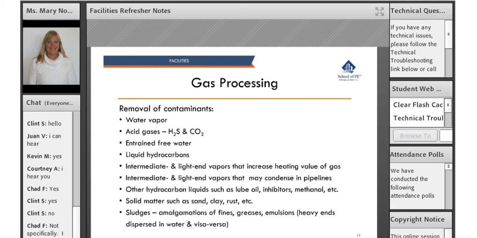Plus, if you're including those heavier hydrocarbons in there, you're selling more BTU value than what you're getting paid for. It also has the opportunity to condense in pipelines, cause corrosion, and plug low spots, so you don't have the full diameter of the pipe open to gas flow. So those are other things you want to get out of there.